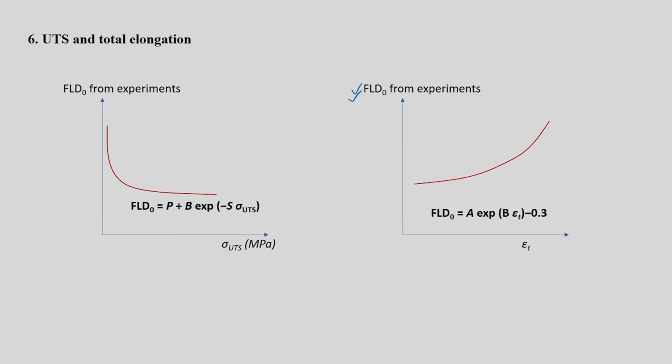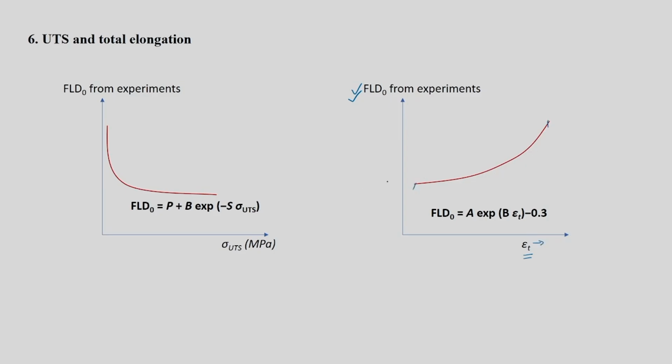If you plot everything together with respect to the material's total elongation, that means you need to know the total elongation of a variety of materials, and for the same material you should have data for FLD 0. If you plot it, they have an exponential fit in this fashion. So an increase in total elongation will improve FLD 0. You can see from here to here it has improved.